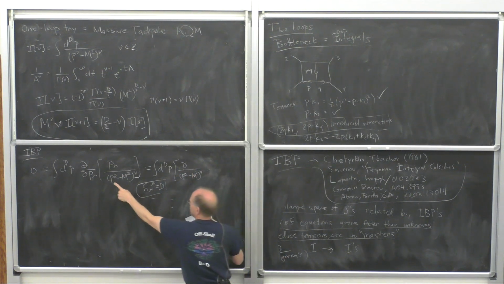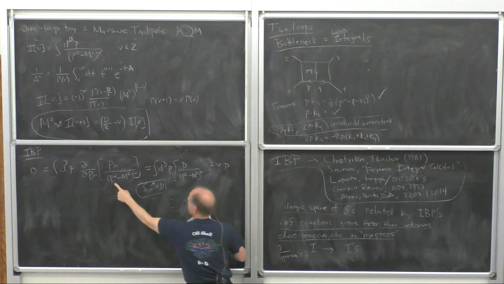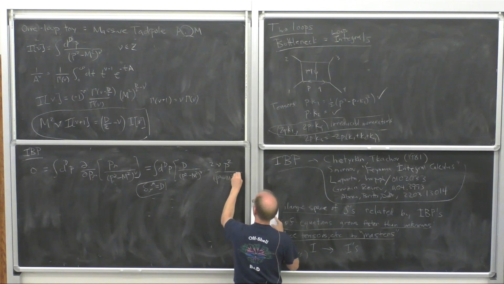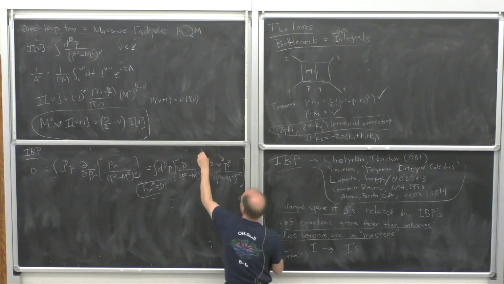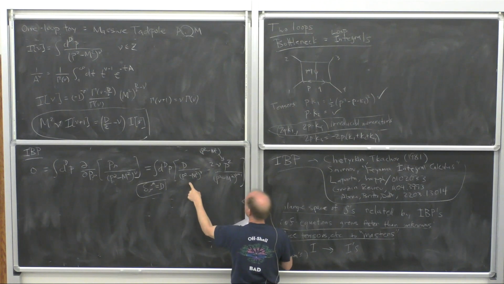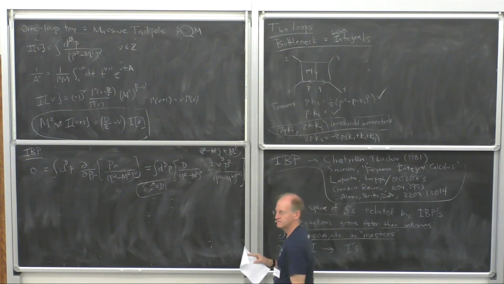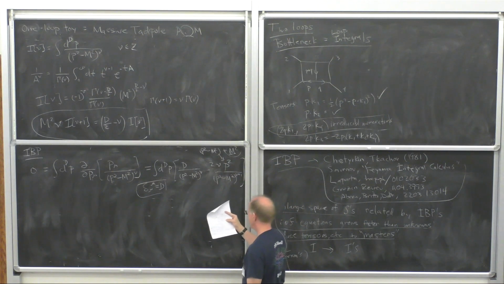But then, when we differentiate this with respect to p, we get a minus nu, and then there's a 2 p mu, and then it gets contracted with this, so we get a p squared, and then we get a p squared minus m squared to the nu plus 1. And now this p squared, we should rewrite it as p squared minus m squared, which will cancel one of these powers and make it look more like this, plus an m squared term, which we can bring out of the integral. So we rewrite the stuff upstairs in terms of the denominators in general.